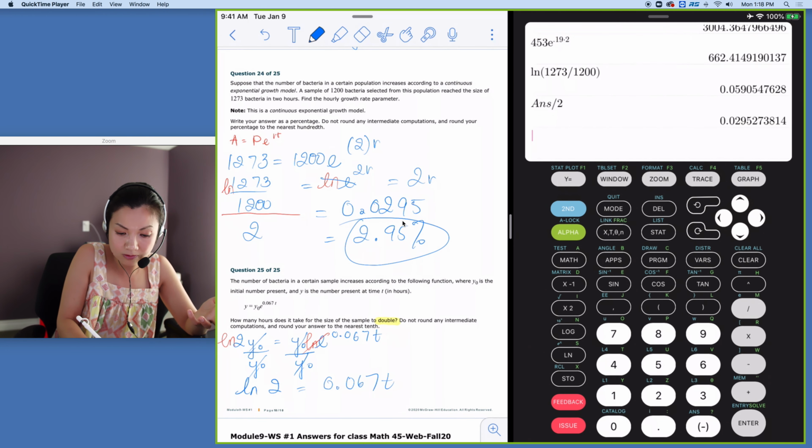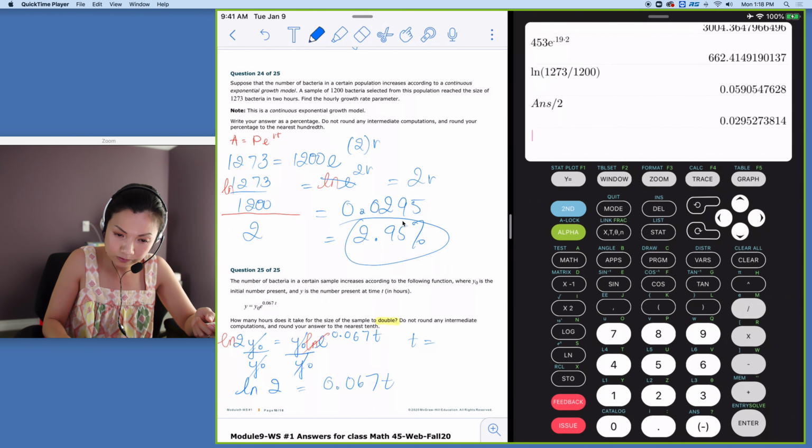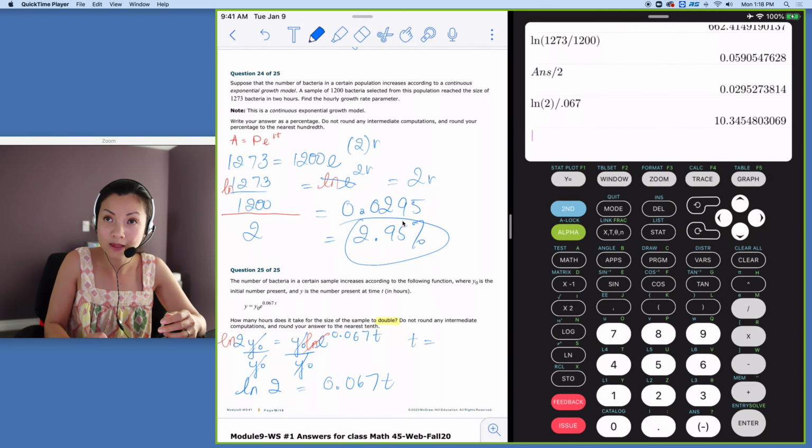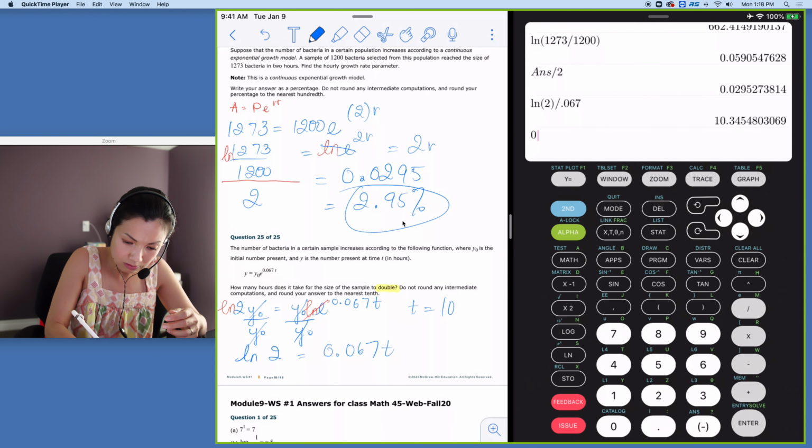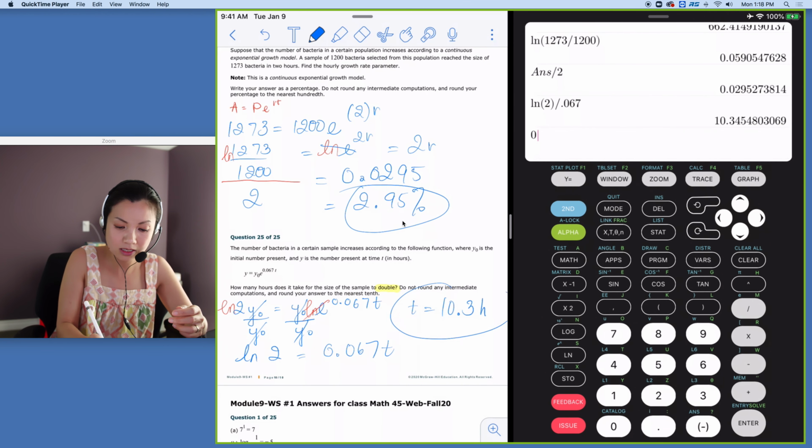So in order to solve for t, you just divide, right? So I take ln 2, divide by 0.067, and then we should get the answer. 10.3 hours. And that's your final answer.